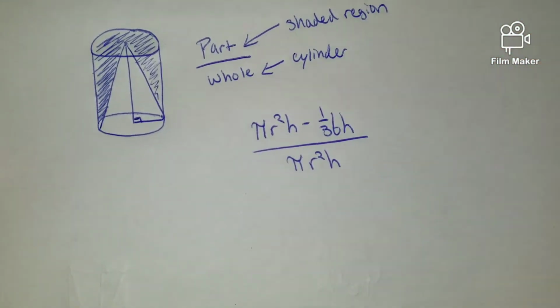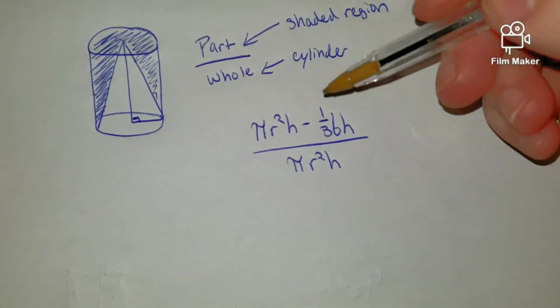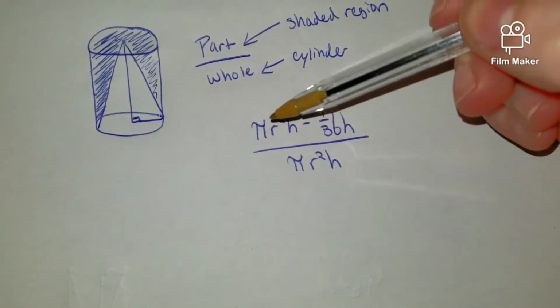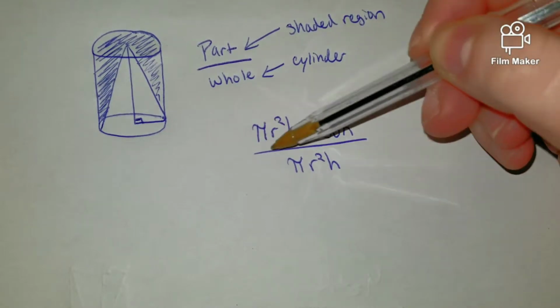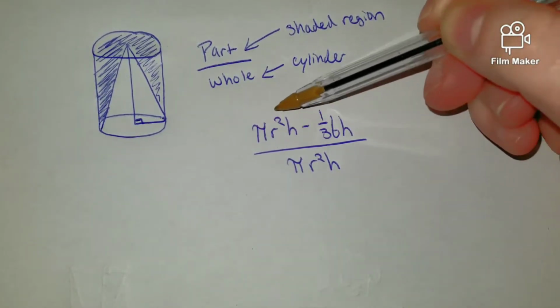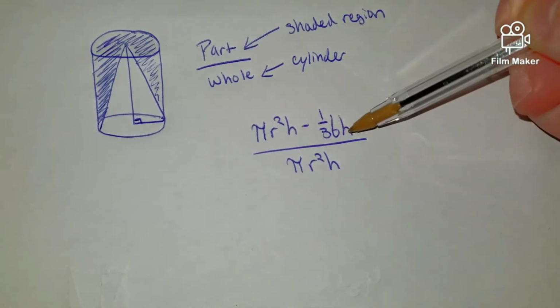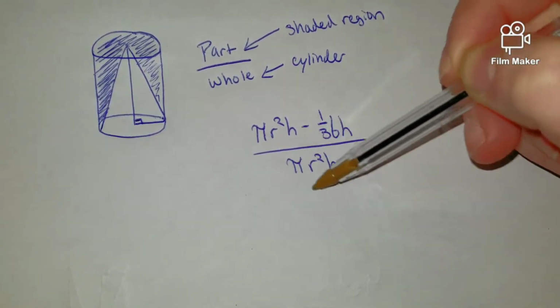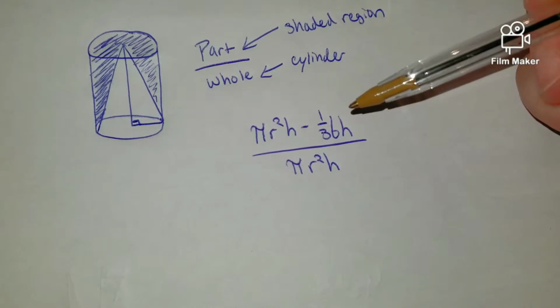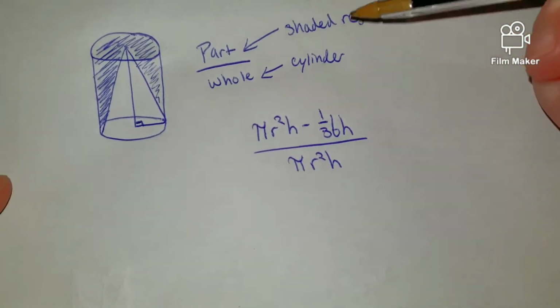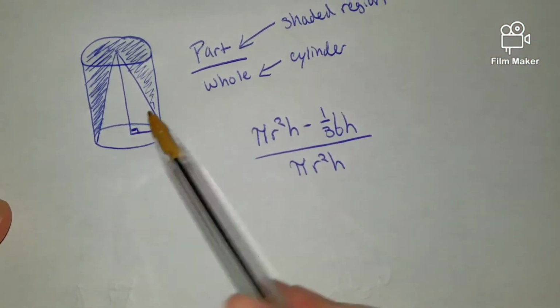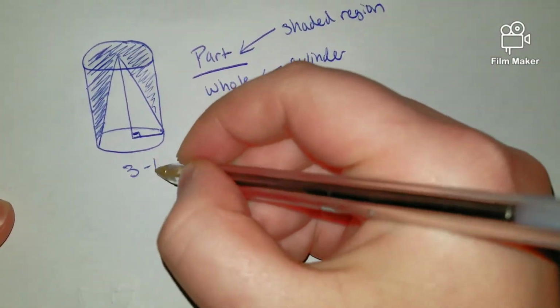So the expression now reads: the volume of the cylinder minus the volume of the cone, over the volume of the cylinder. The reason I did this is because the cylinder is a 3D object, right?